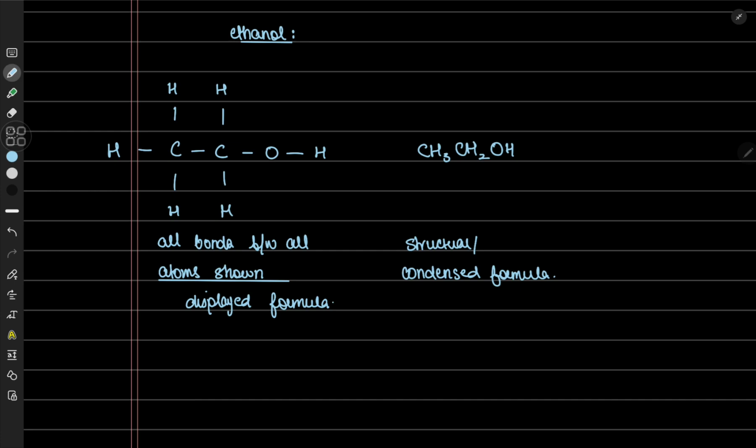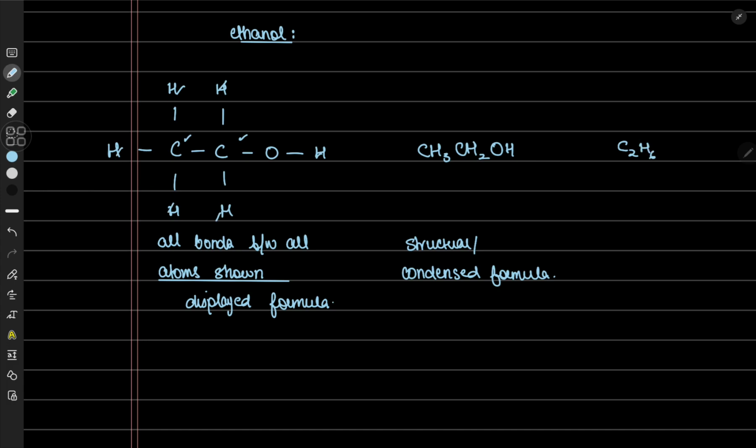Next one is the molecular formula. Now in the molecular formula, you just need to count each element and write the number of atoms of that element present in that compound. So for this compound, we have 2 carbons, so C2. Let's count the hydrogens: 1 2 3 4 5 6.